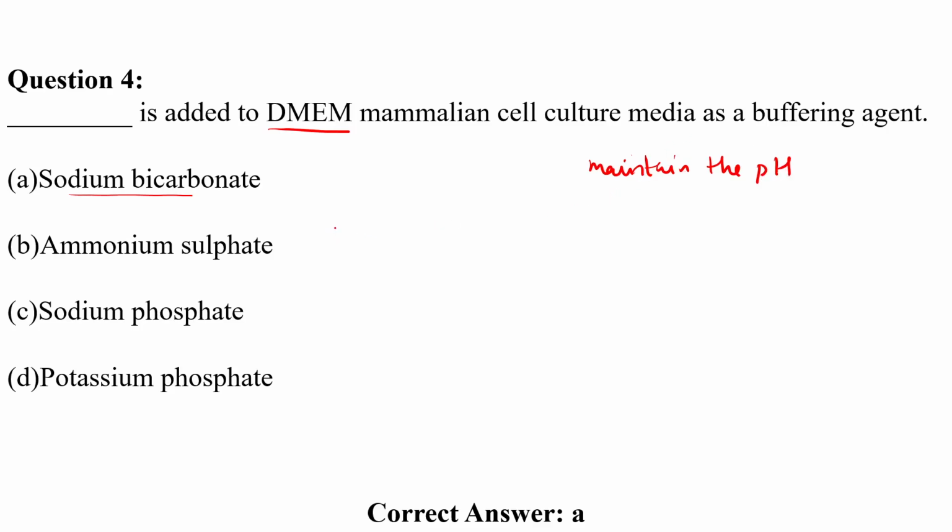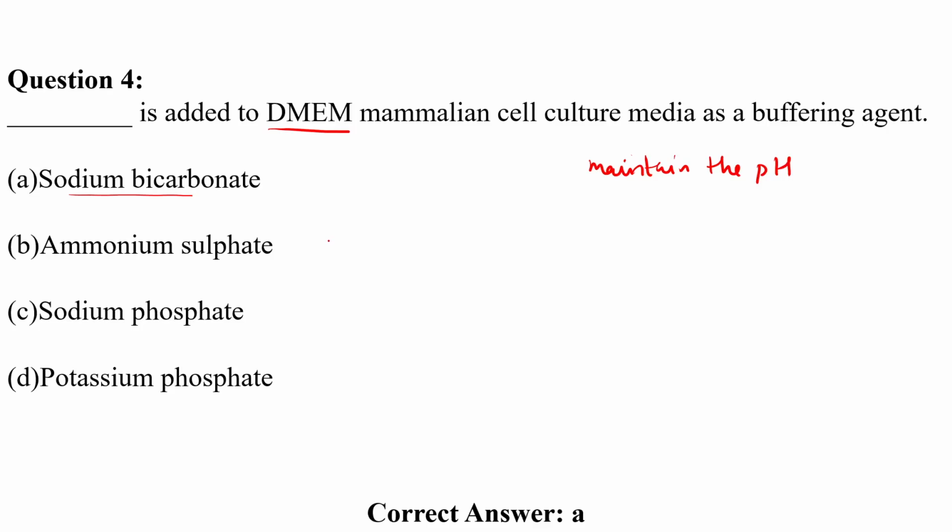Now, why do we have to maintain the pH of the medium? For any cell to grow, it will be growing at a particular pH. Mammalian cells are cells derived from any mammal. It can be a human cell line, a hamster cell line or a mouse cell line.